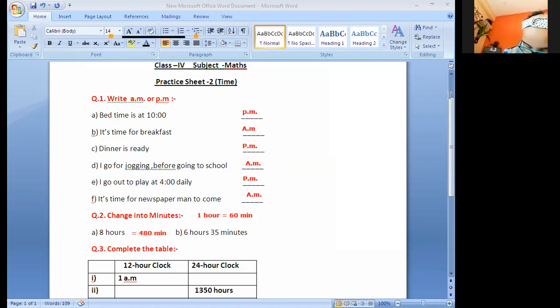So similarly, in the next question, both things are given, means hours are given and the minutes are also given to us. So what are we going to do? Ma'am, first we will multiply 60 by 6. Very good. Whatever the answer will be, we will add 35 minutes more to it.